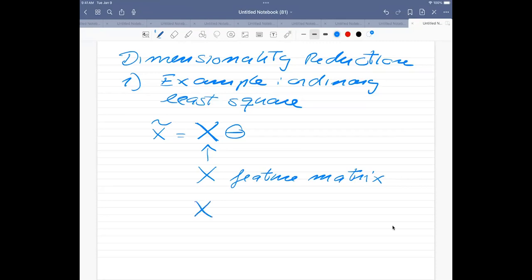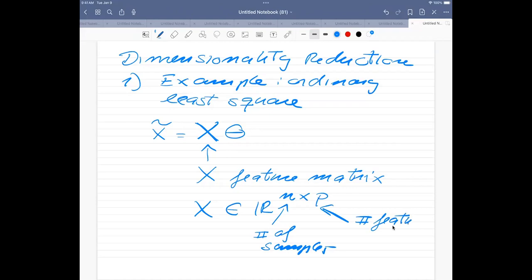In our case, this is a matrix with a typical dimensionality of n times p, where n is the number of samples we have, or the number of data entries, and p is the number of what we normally call features or properties.